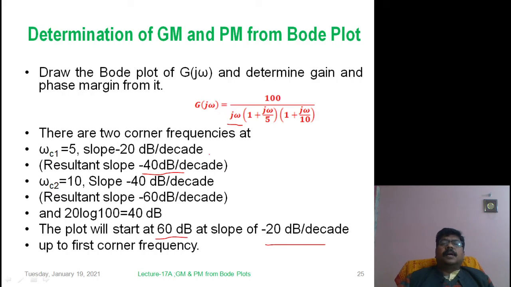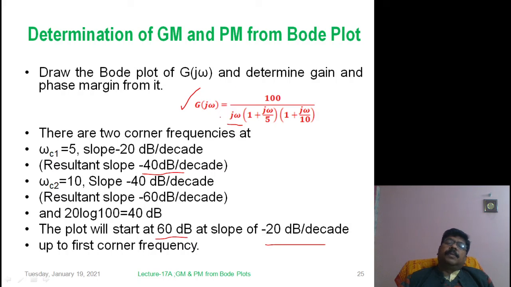Now taking the next example, here G(j omega) equals 100 divided by j omega, and the next factor is 1 plus j omega by 5, another factor 1 plus j omega by 10.